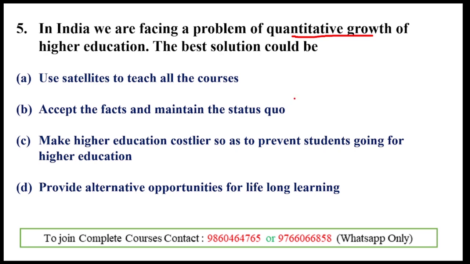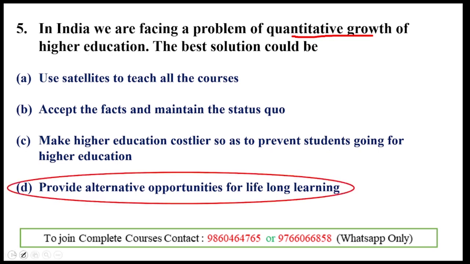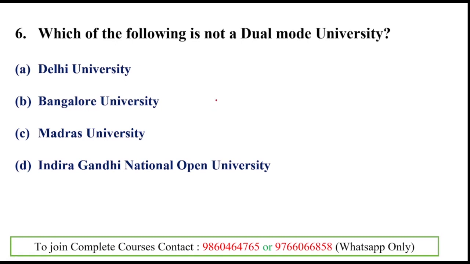The lifelong learning procedure will give them both quantity and also quality. Okay, so option D is the right one, to provide alternative opportunities for lifelong learning. Clear? Following is not a dual mode university.